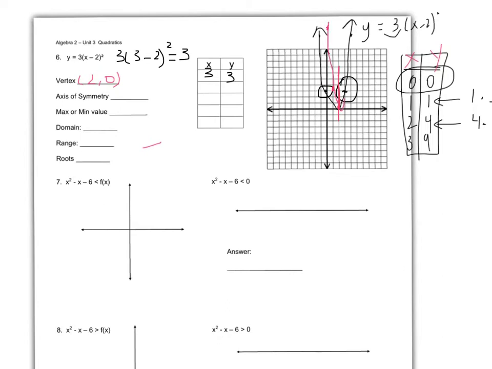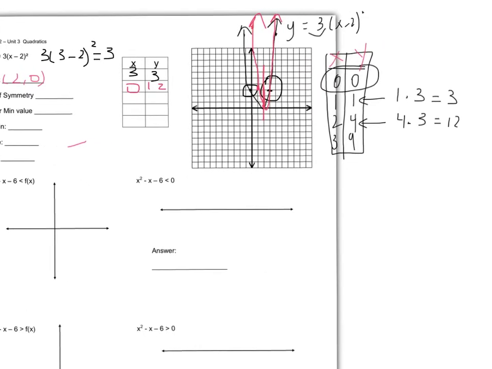So this is how the graph really looks. It has to be symmetrical. Instead of moving just 1 step to the left, I move 2 steps. Now if you plug in 0 in your equation, you're going to get 12. And as you can see, when I multiplied 4 by 3, I did get 12. So this is how you got the point over here.